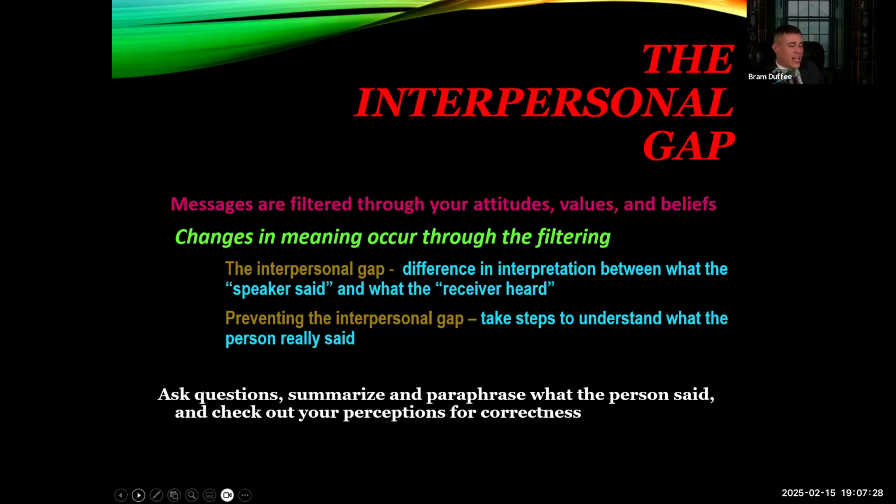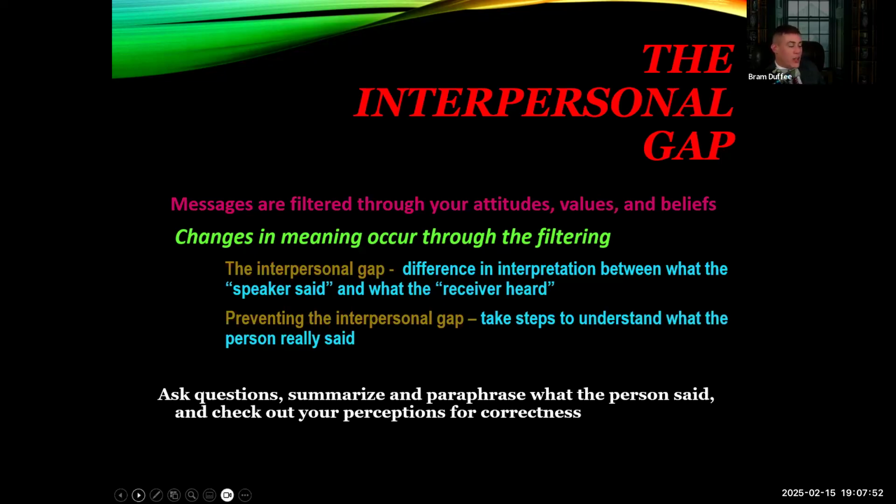The challenge is that these filters often aren't the same for the speaker and for the listener. So what the speaker intends to say can take on new meaning by the time it reaches the receiver. This disconnect can lead to misinterpretation, frustration, and even conflict.